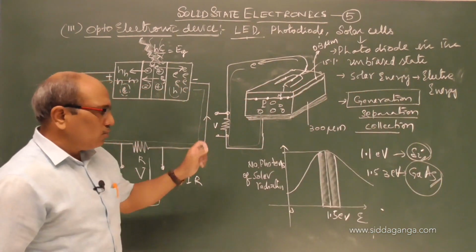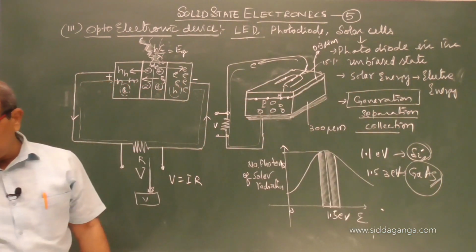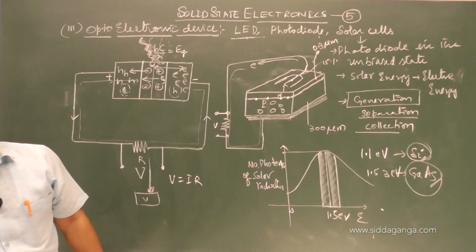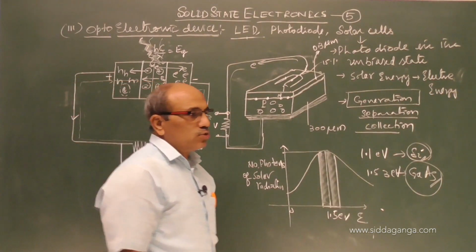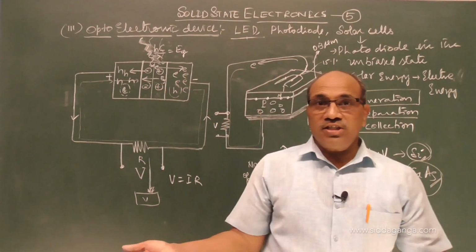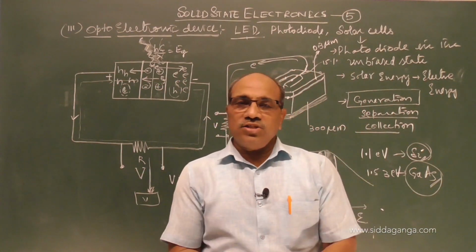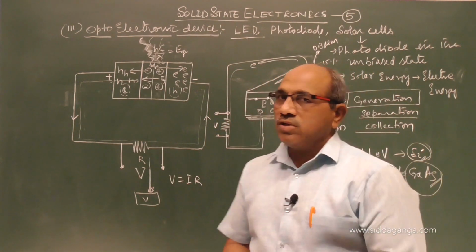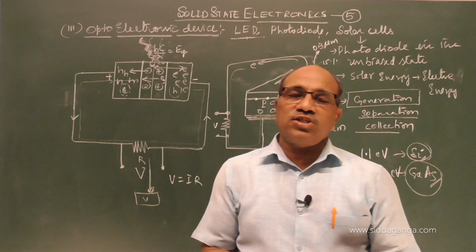Therefore, in designing the solar cell, we use either silicon or gallium arsenide. I told you the purpose of that. Now the solar cell is a particular cell which is used nowadays as an alternate source of energy because it is freely available. Such solar energy, if we convert it, nowadays we are seeing large applications of this.